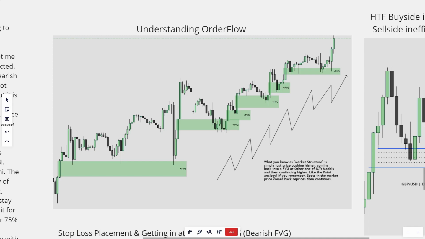This is how it should look in a bullish market condition. If we're overall bullish and price did not respect this, but instead pushed higher and then broke lower, that would be a good indication that we're offsides and order flow could be shifting.